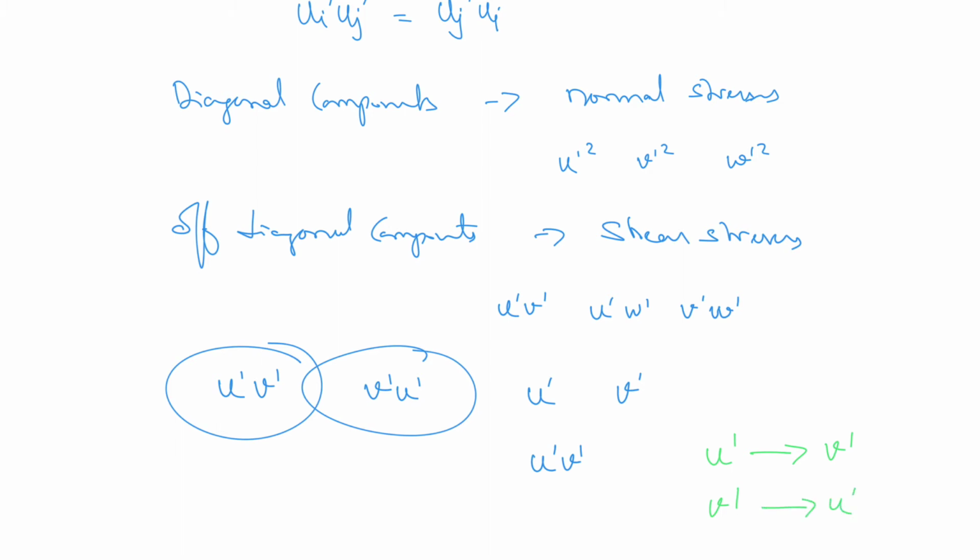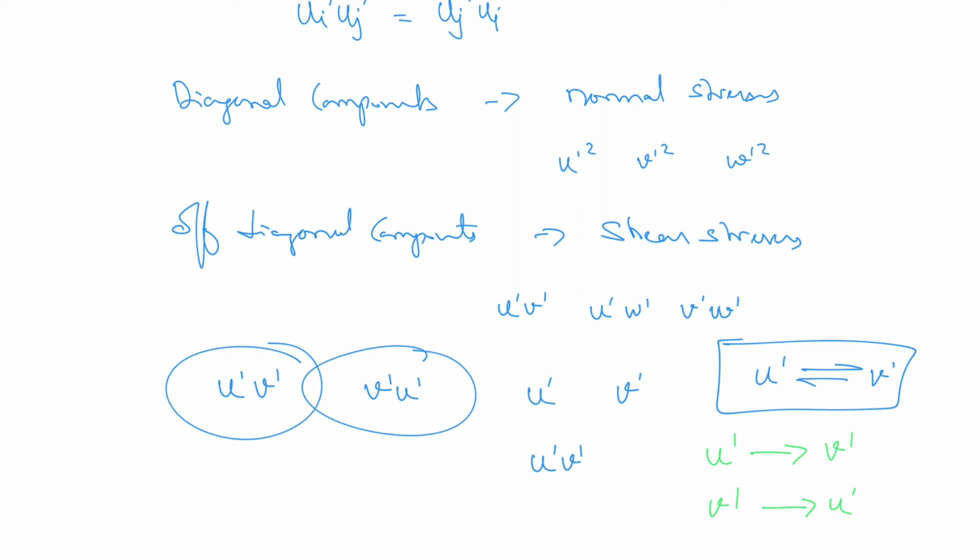To simply write, I can use u dash to v dash. So you can transfer momentum from one direction to another direction. It can be from u dash to v dash or from v dash to u dash. Similarly, u dash to w dash or w dash to u dash from the second component, and from the third component v dash to w dash or w dash to v dash.